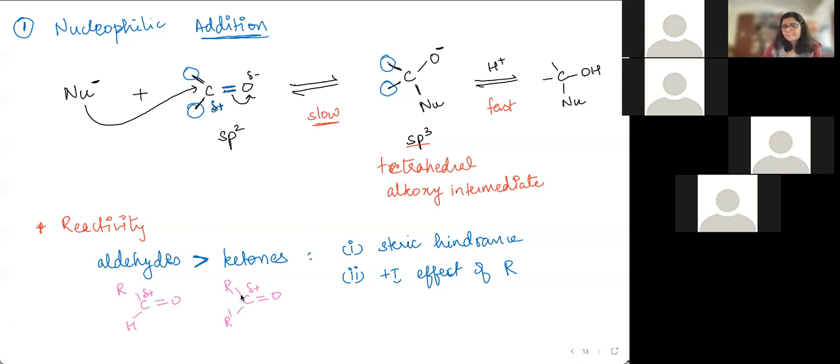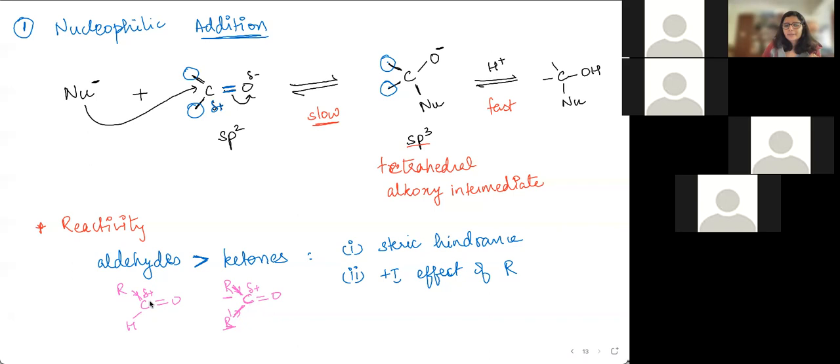Ketones में क्या हो रहा है ना? Both the carbon groups it is attached to, abhi R is electron donating or electron withdrawing? Electron donating. So both the groups are donating electrons from both sides on this carbon. So it decreases the polarizability of the ketone carbon. Aldehydes mein that's happening only from one side.